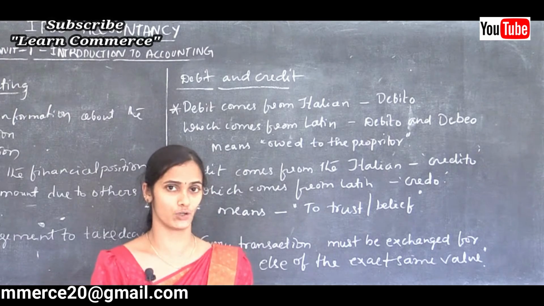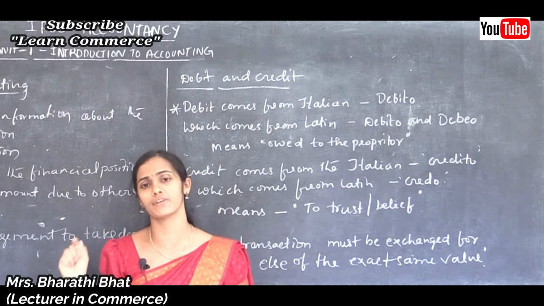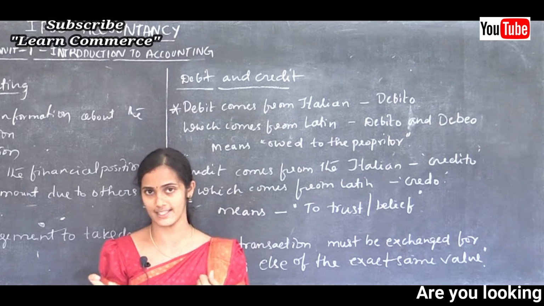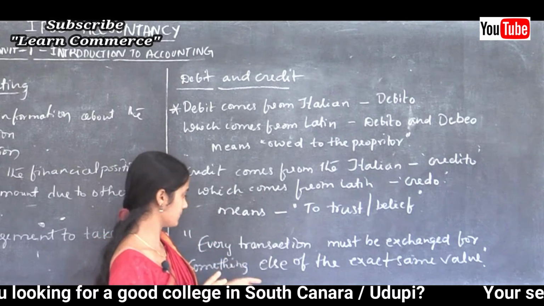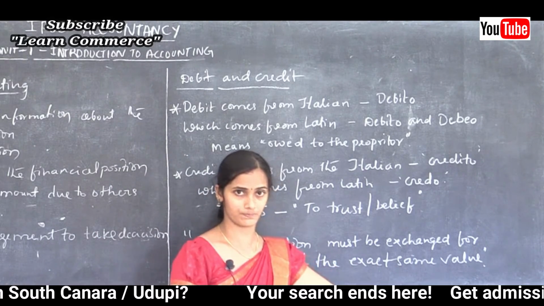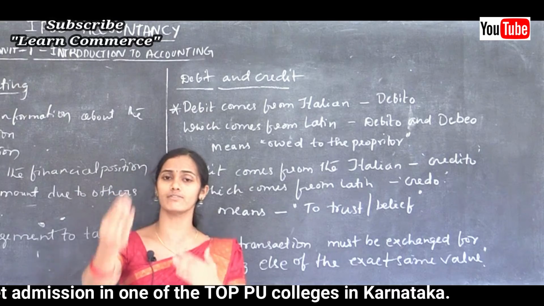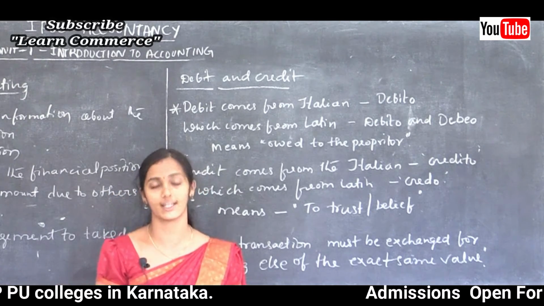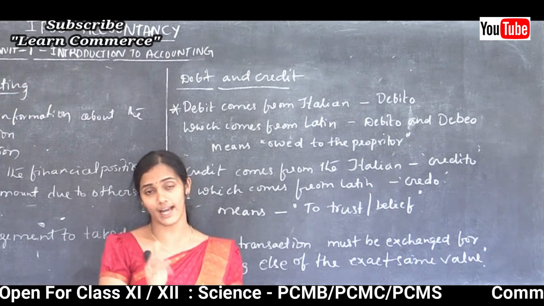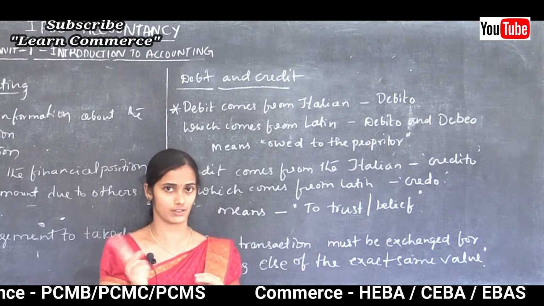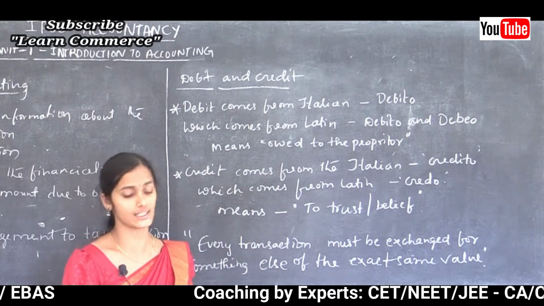You get the chocolate, and 100 rupees goes from you. Would you pay 100 rupees for a 10 rupees chocolate? No, right? So whatever you give, you receive a product or goods of the same value. Take any example, that transaction affects two different accounts, we should know that first. So every transaction must be exchanged for something else of the exact same value.